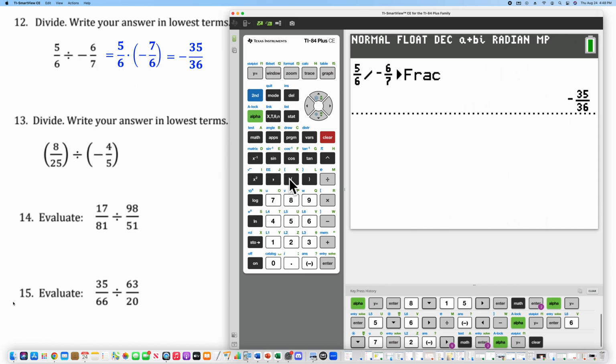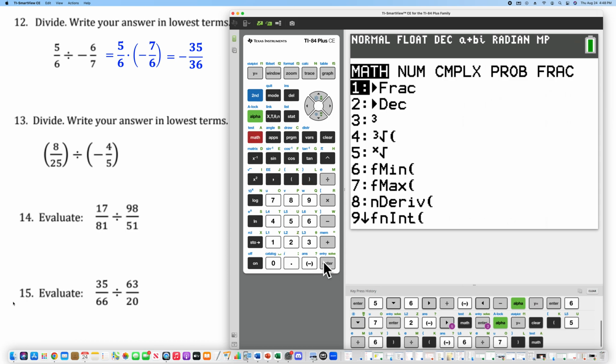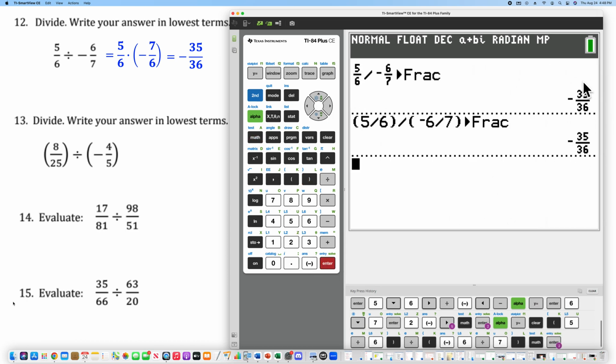Each fraction has to be placed into parentheses, divided by. Second fraction has to be put into parentheses with the division symbol. You can still ask for the answer to be returned as a fraction, and it will still give you the fractional answer.